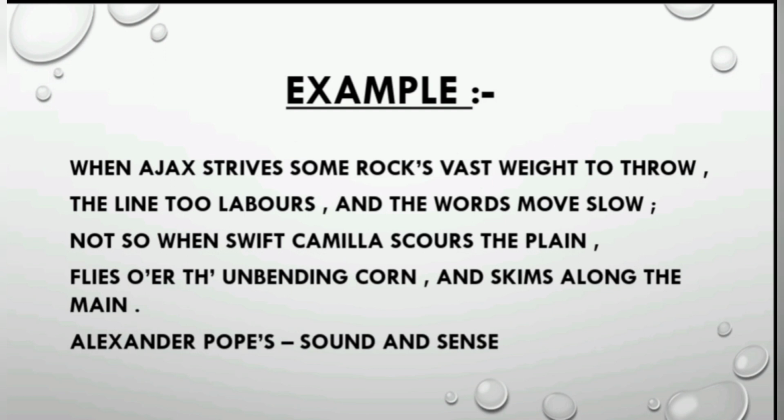So let us read this example. It is from Sound and Sense, written by Alexander Pope, most famous: When Ajax strives some rock's vast weight to throw, the line too labors and the words move slow. Not so when swift Camilla scours the plain, flies over the unbending corn and skims along the main.